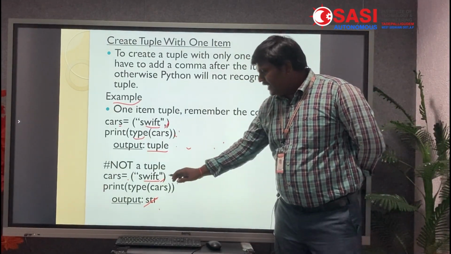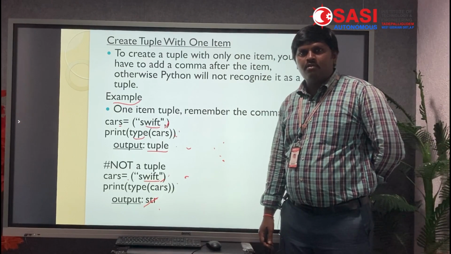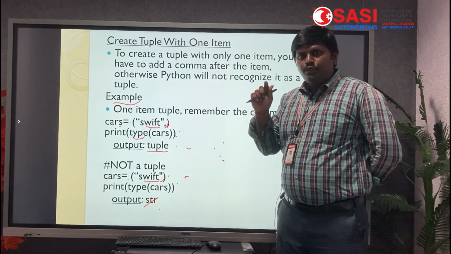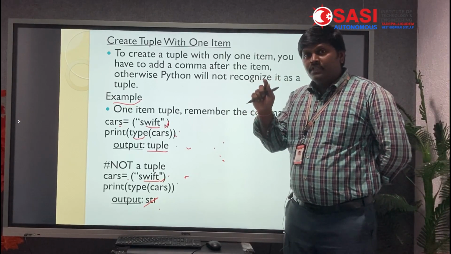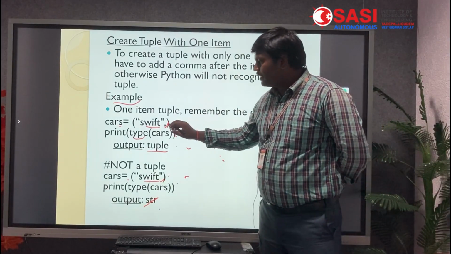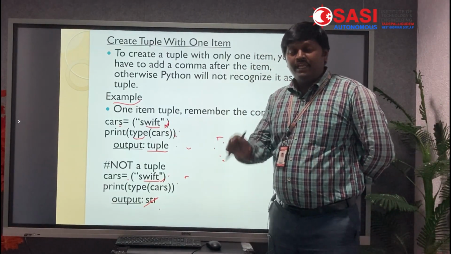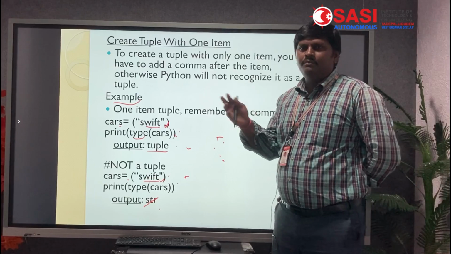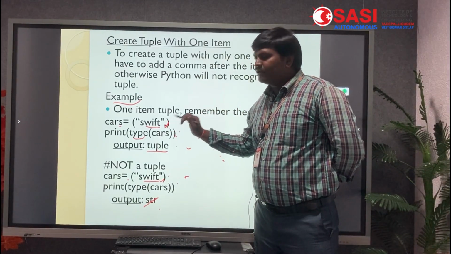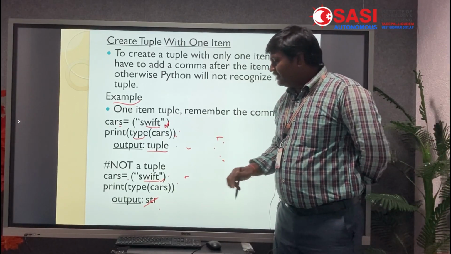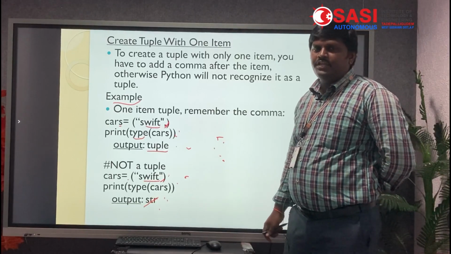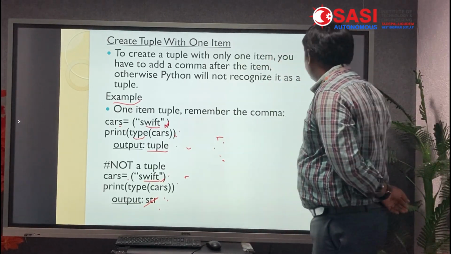That means it is not a tuple. If you want to declare a tuple with one value, we must declare a comma. For multiple values, no problem. In case of one value, we must declare the comma, otherwise it is treated as a string data type.